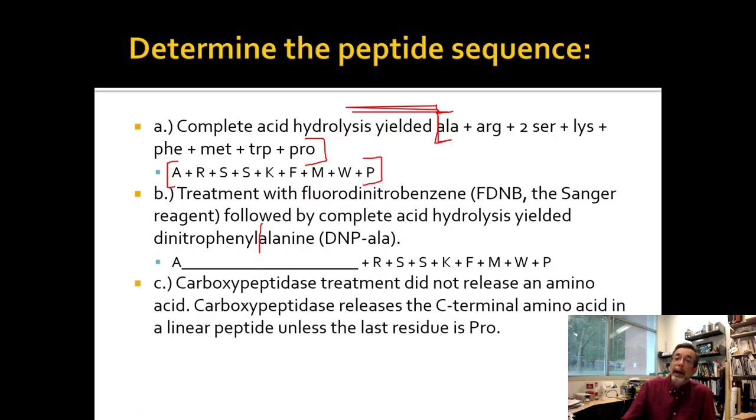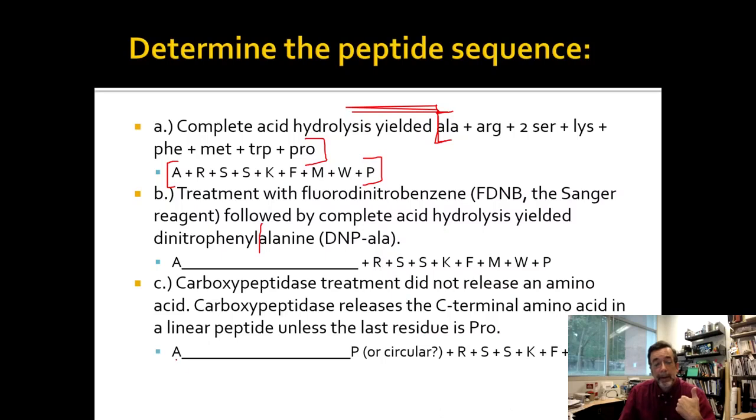Then we're going to start adding our proteases. Here's a protease called carboxypeptidase, and it did not release an amino acid. Okay, that's weird. Carboxypeptidase releases the C-terminal amino acid in a linear peptide unless the last residue is Pro. So I've got a proline among my pieces, so I'm going to consider it a high possibility that I have this: A goes to P. There's also a minor possibility that it could be circular.